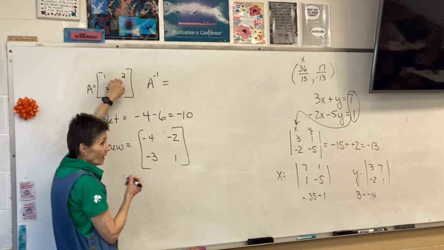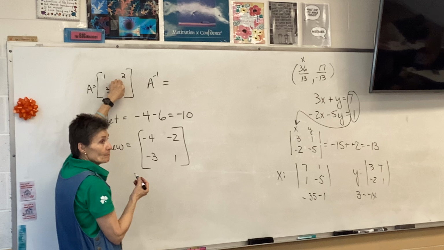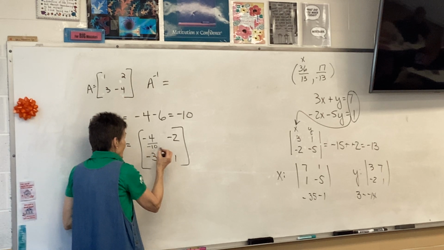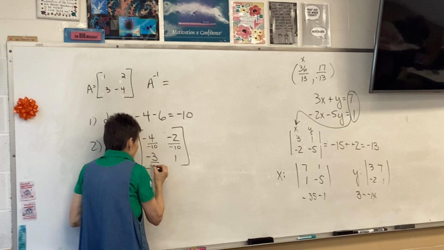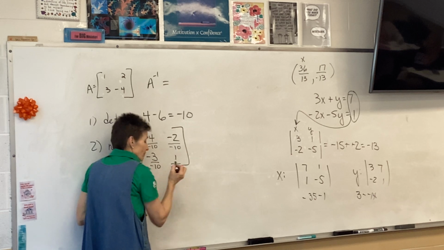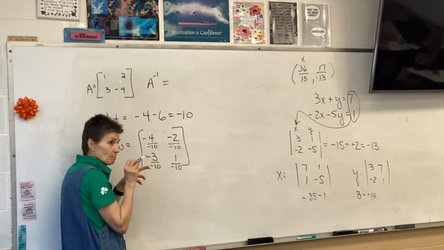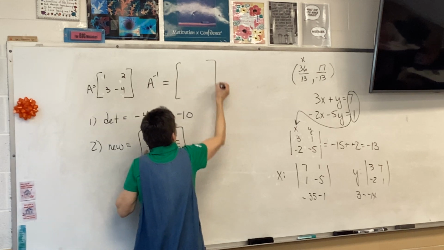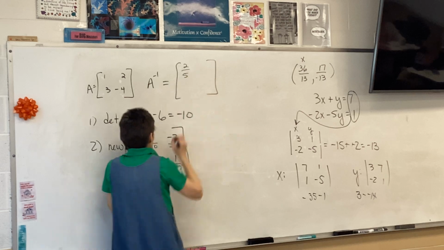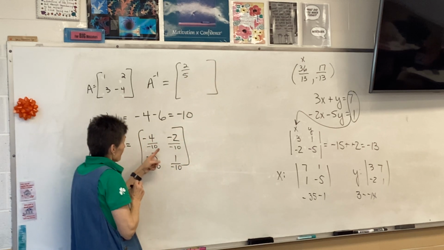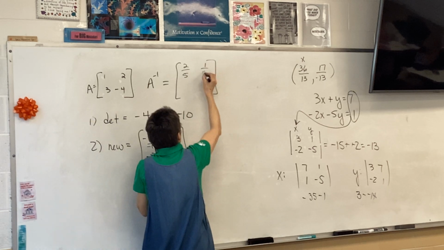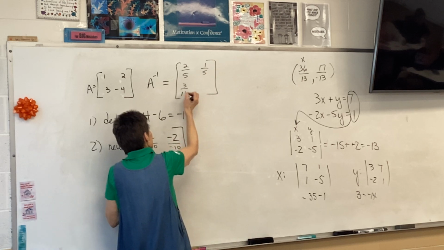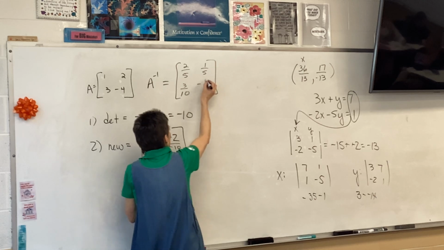And then what? We'll have our answer as soon as we do what? All of these have to be divided by the -10 and then simplify. So this is going to become +2/5, +1/5, +3/10, and -1/10.